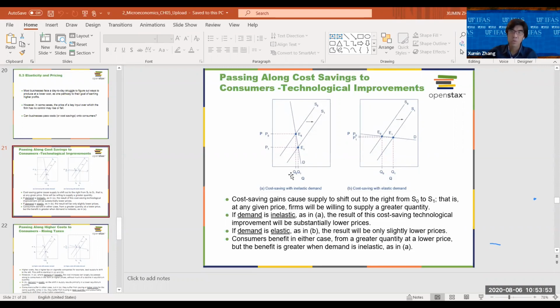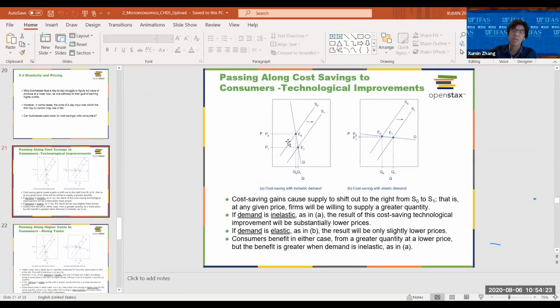The company needs to calculate whether increasing the quantity while at the same time decreasing the price will leave them better off or worse off. In this case, it depends on the elasticity of the demand curve. For example, in this case, this demand curve is comparatively vertical, right? Like a vertical line. So we call this inelastic.